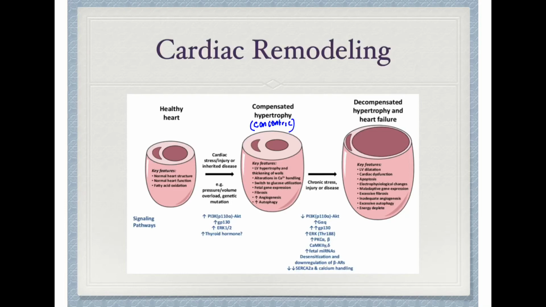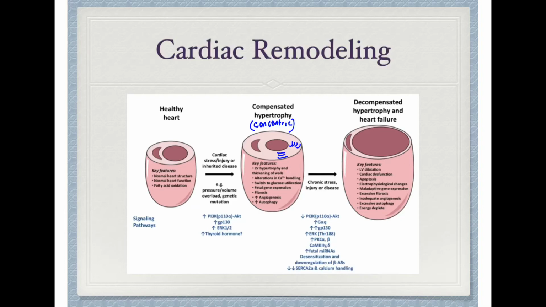This is when the new myocytes that are produced are paired in parallel with the existing myocytes. This leads to a thickening of the ventricular wall and produces much more efficient contractions. These efficient contractions allow the heart to preserve its ejection fraction while providing adequate perfusion to the body.